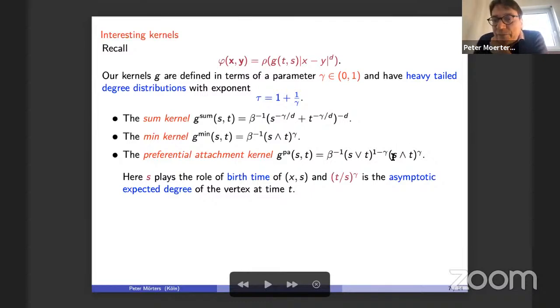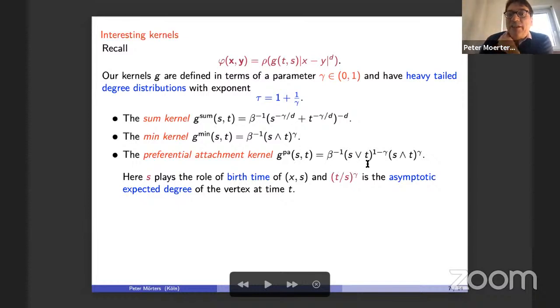If you redistribute the terms here, you see if T is the bigger of the two values, in the denominator T over S to the gamma, which is the asymptotic expected degree of a vertex born at time S looked at at time T.